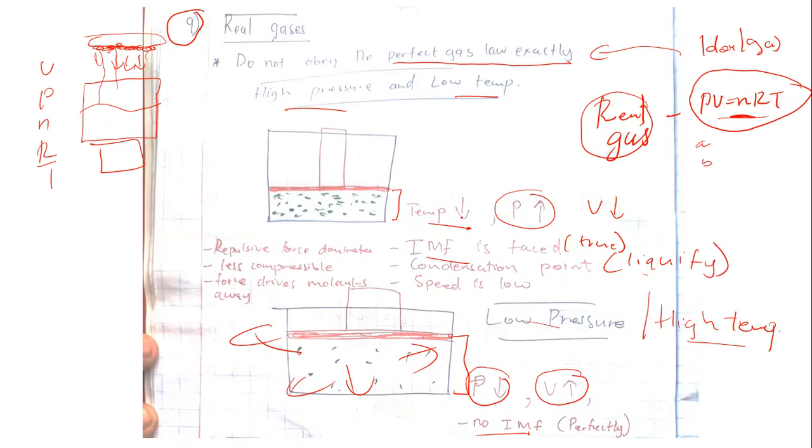But when we have low temperature and high pressure, a real gas will behave as a real gas. But when we have a low pressure and a high volume, this real gas will deviate to an ideal gas.